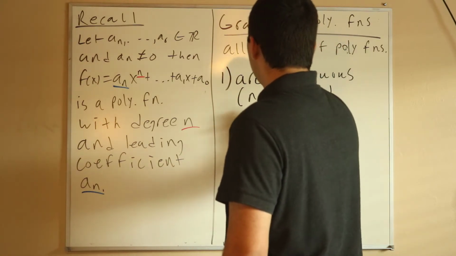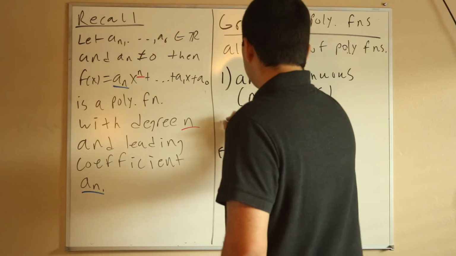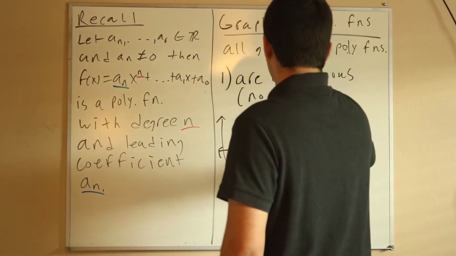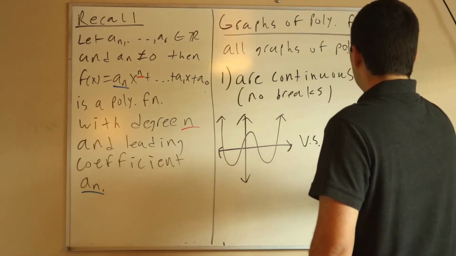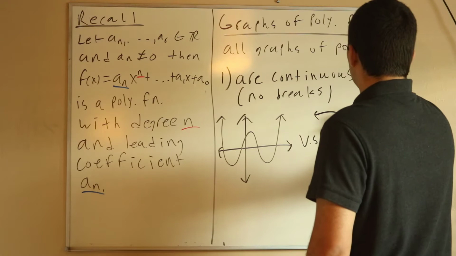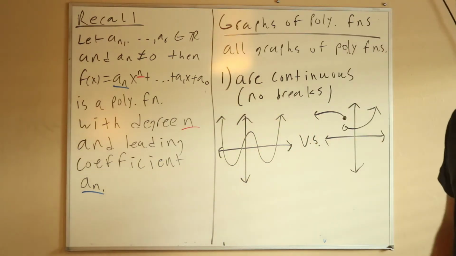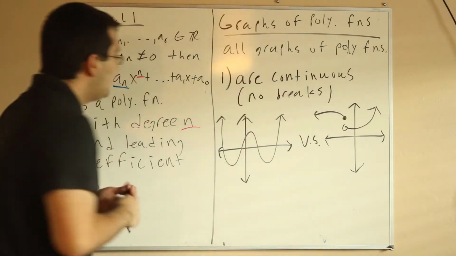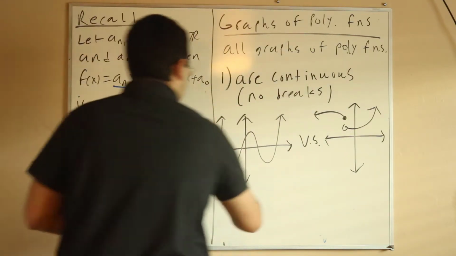So, for example, here we go. Here's an example right here. This graph right here is an example of a continuous graph.